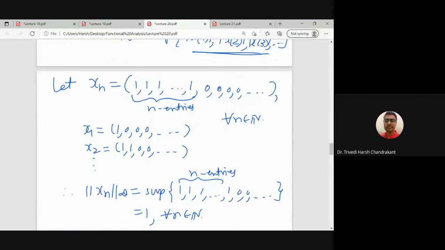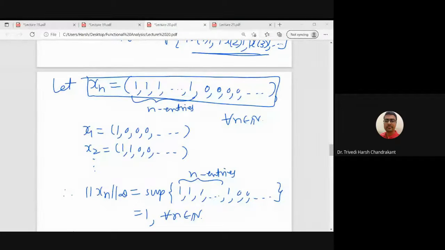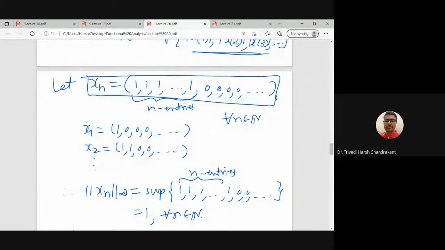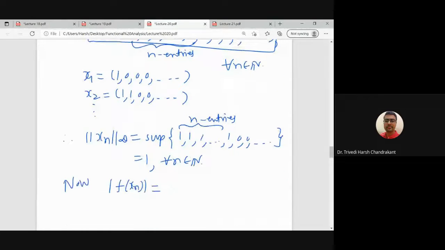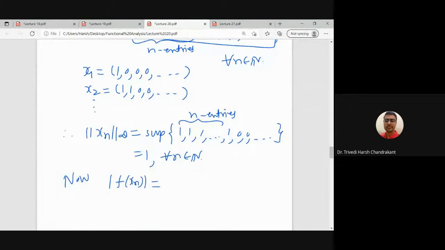If you take xn as this sequence, the sum of the coordinates will be n, because 1 plus 1 plus 1, n times, and the other entries are anyway 0. So f of xn is n, and its modulus is also n because n is a natural number. So modulus of f of xn is n for every natural number n.